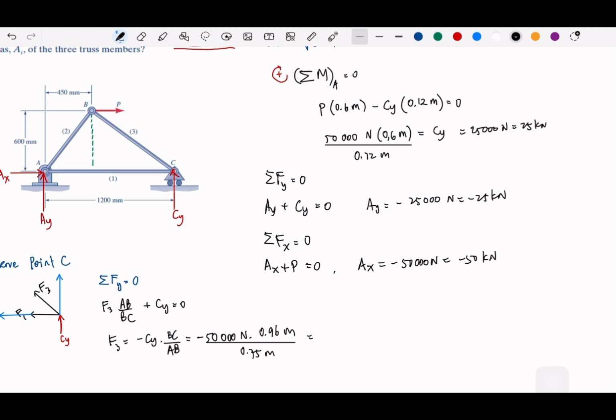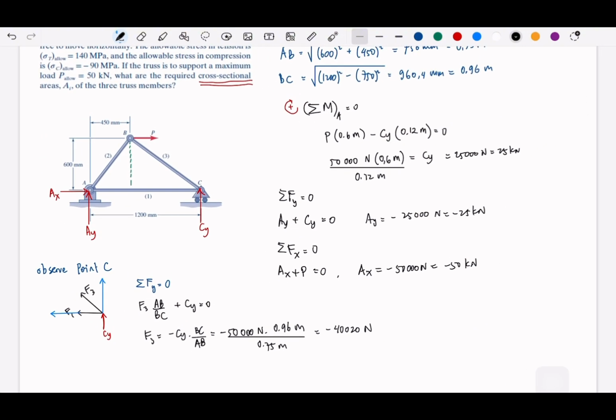Okay, it's supposed to be negative 40,020 Newton, around that. Maybe the decimals will be different. I think I'll write too big, so let me resize.